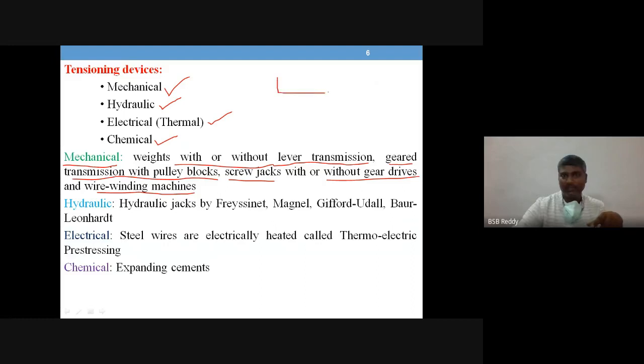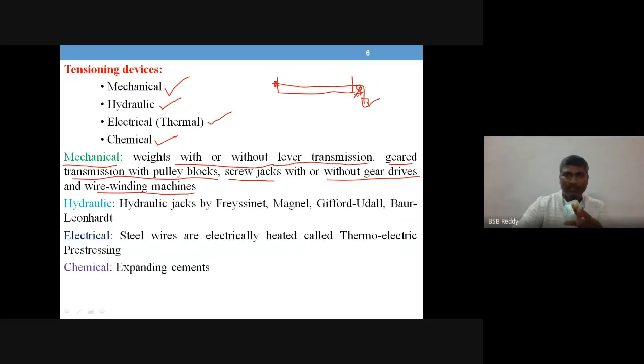Just imagine that you have a mold where a steel rod is inserted. So have a pulley here, and add some weight here. One end is tied to the edge of the mold, and you go on putting the weights up to the calculated force that you want to induce into this steel tendon.